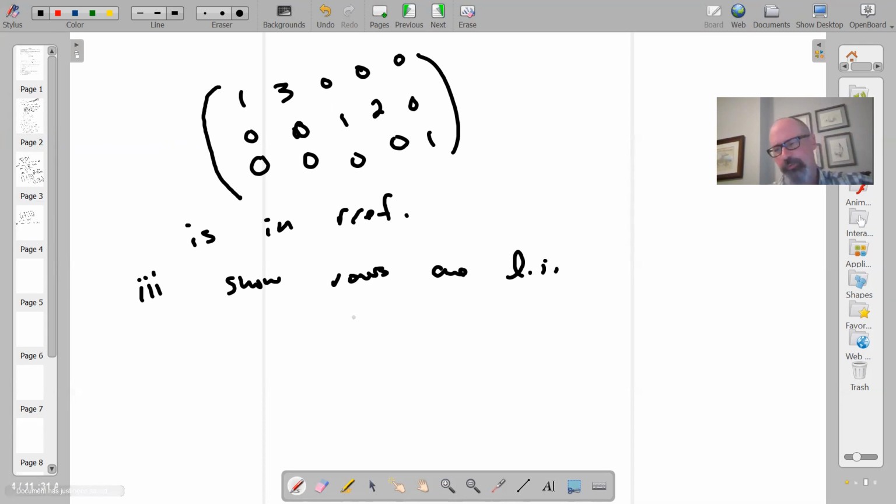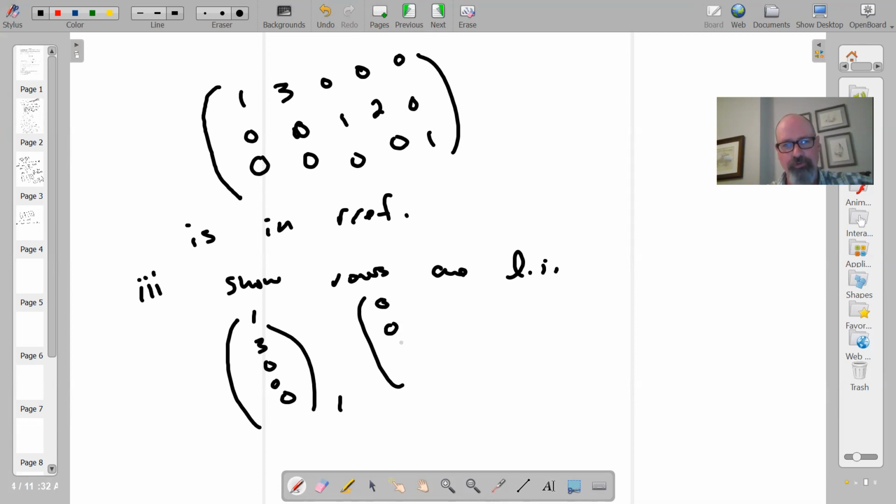Now, when we're thinking about this, somewhat confusingly, if we're thinking about Rn the way that we normally think about it, we typically think about the transposes of the rows. But if you look at those vectors, you get 1, 3, 0, 0. It comes from row 1. You get 0, 0, 1, 2, 0. That comes from row 2.